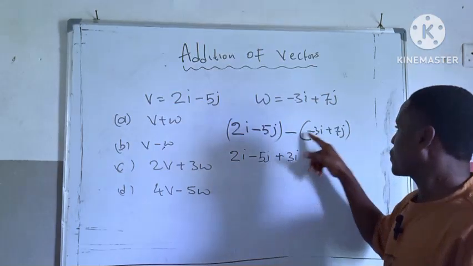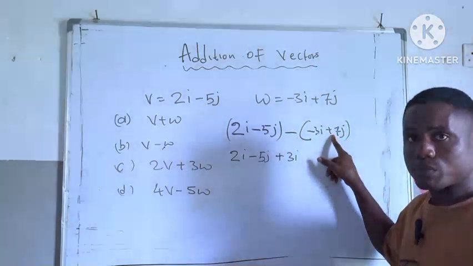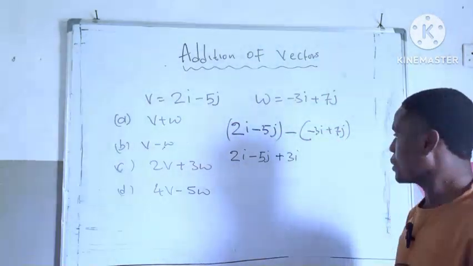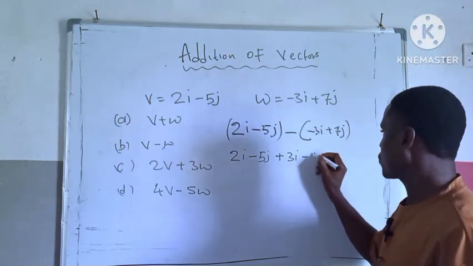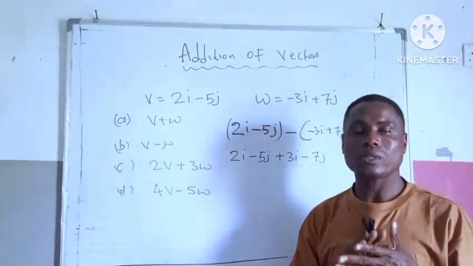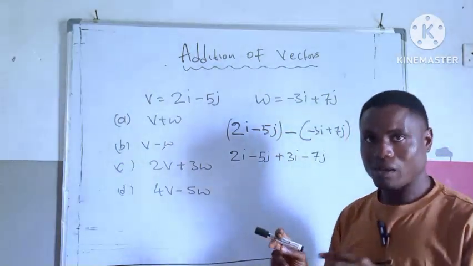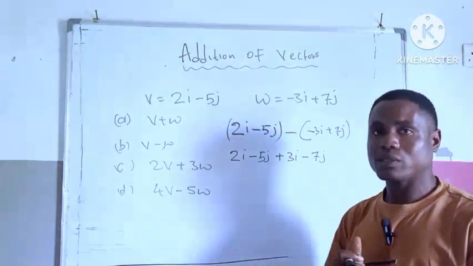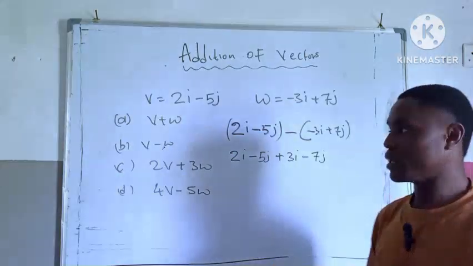Then minus times plus is minus, so we write minus 7j. Once you understand multiplication of signs, you can solve everything. It's very simple.